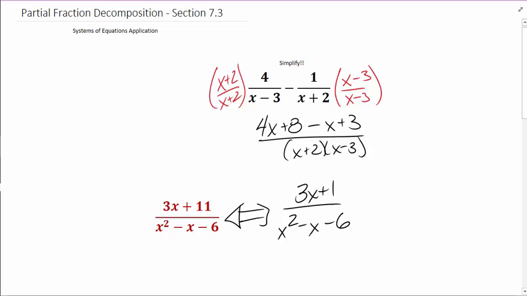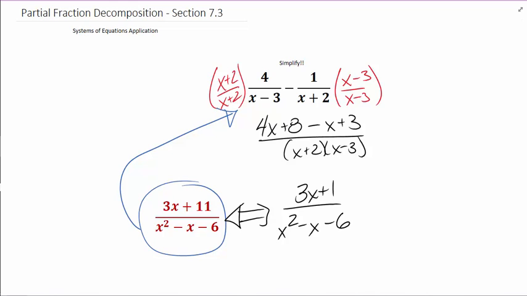But the question now is, could we go the other way? Could we start with the 3x plus 11 divided by x squared minus x minus 6 and split up that fraction into two different terms? Could we decompose, could we separate these fractions?